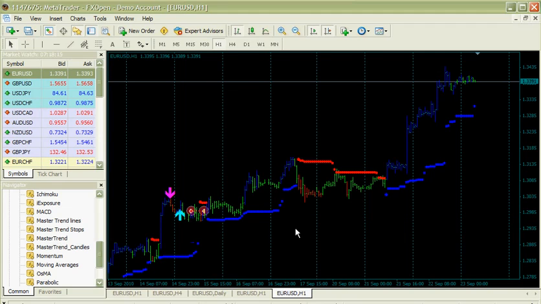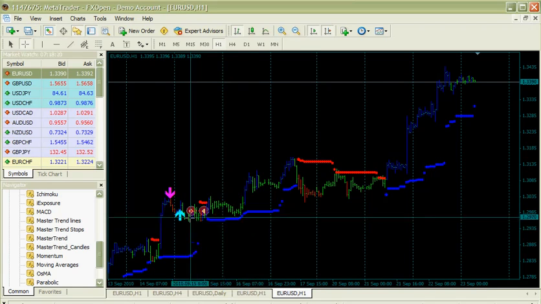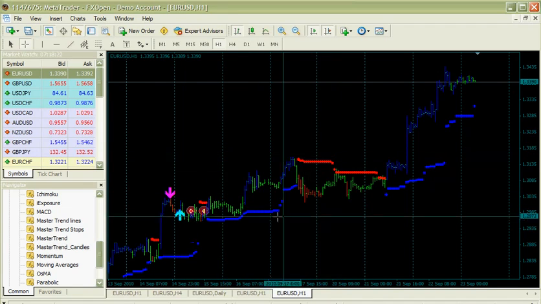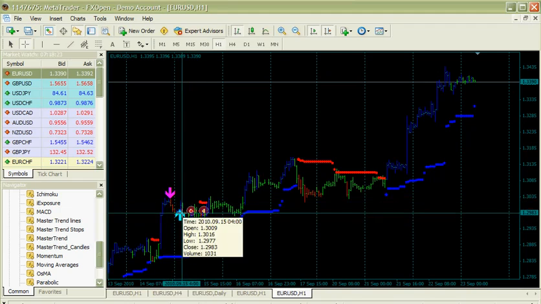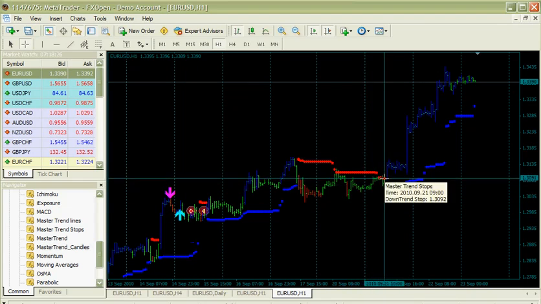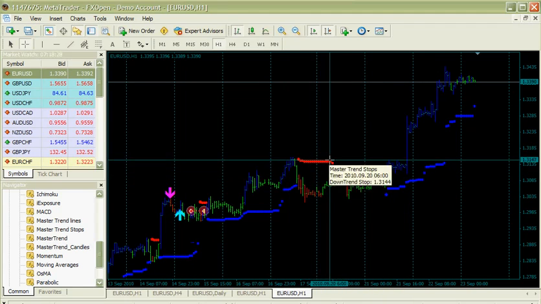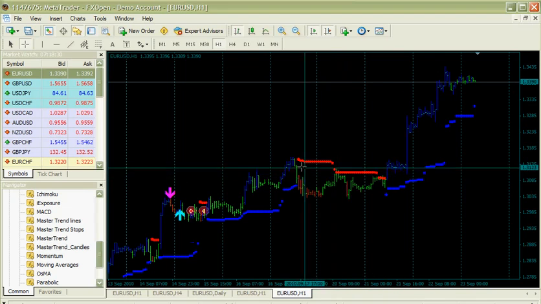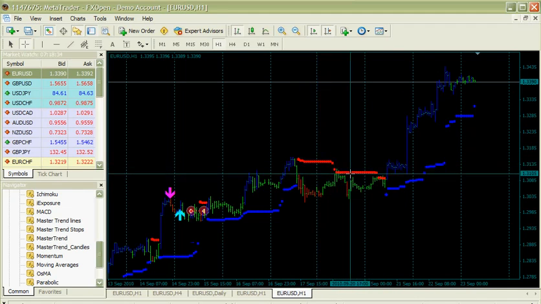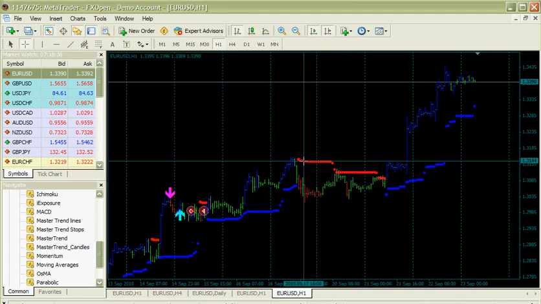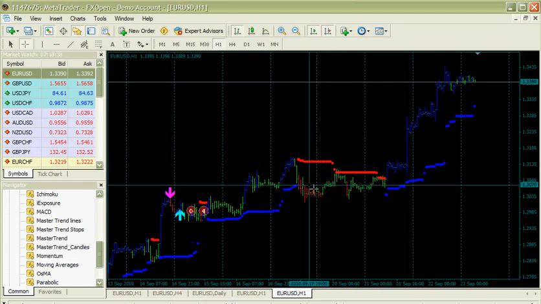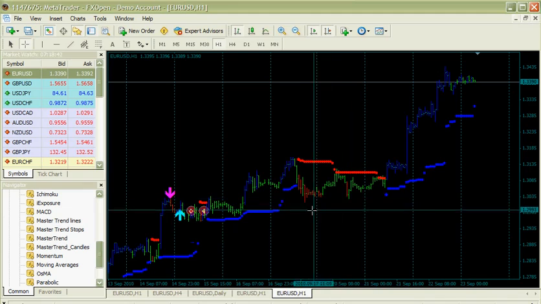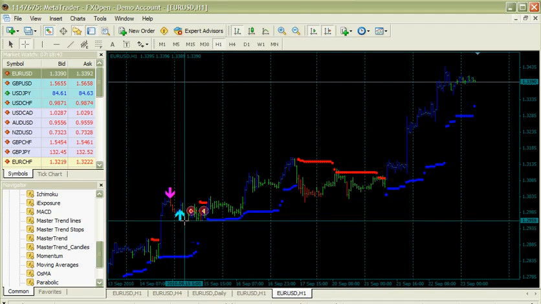Also, the system allows you to have a second chance entry. So let's say we missed this trade here, and the system is still giving a buy signal, and we came here. Of course, when we see the red dots, that means either the market is consolidating or we have an unconfirmed signal. So we're not going to use this area for any trading because we have a conflicting signal between the two indicators.